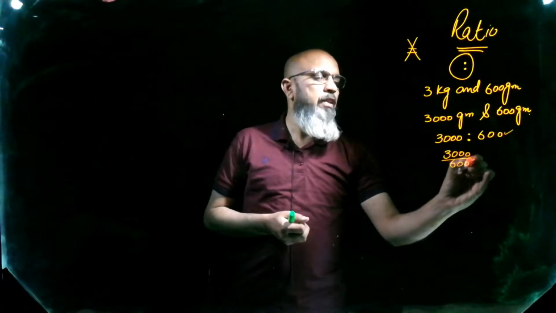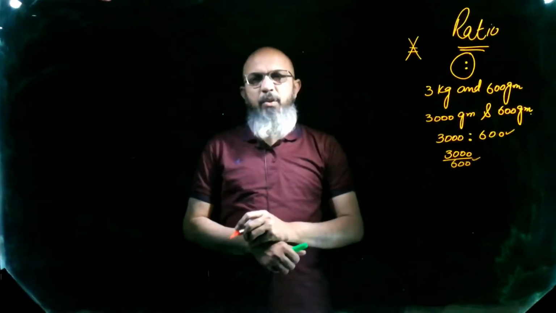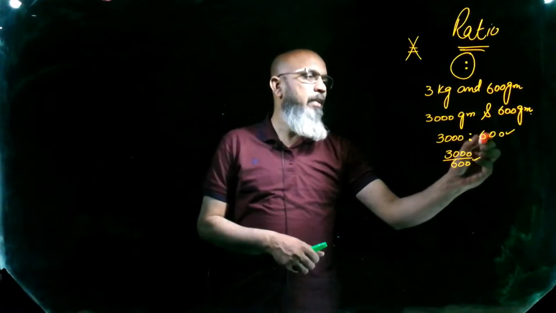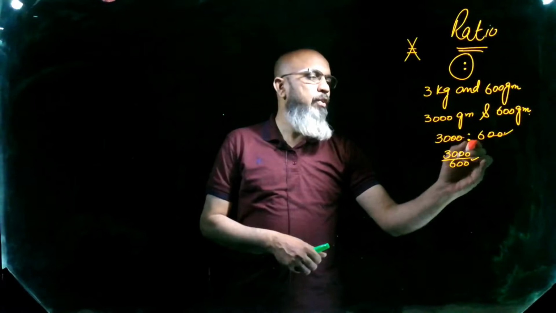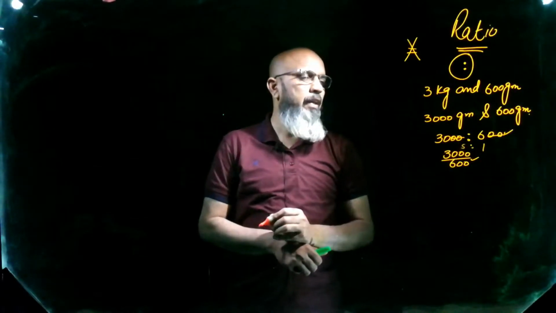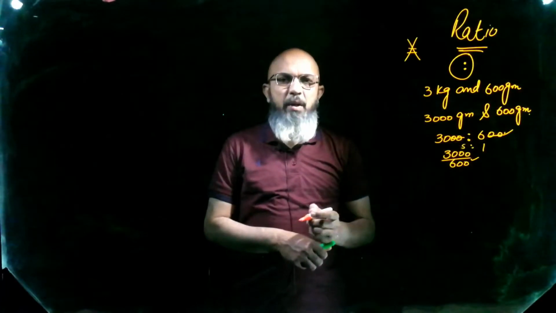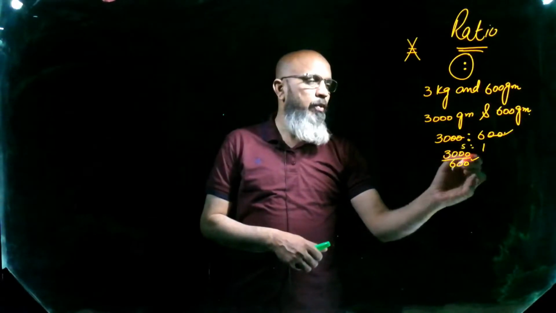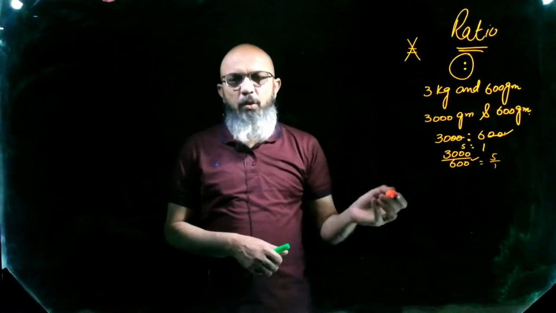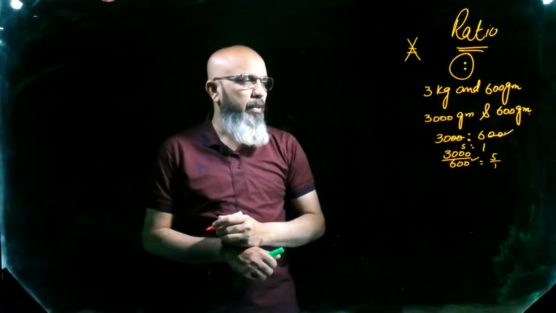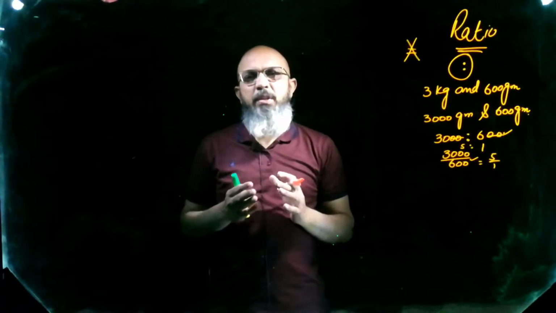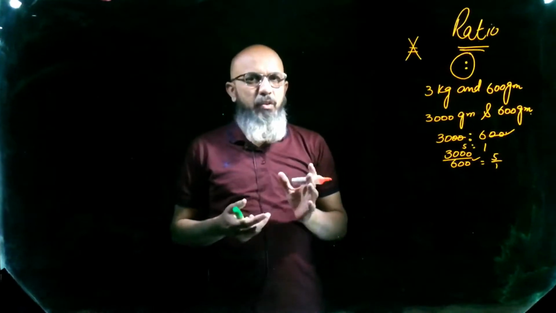Now simplify it: cancel two zeros, 6 fives are 30, so 5 ratio 1. Similarly, if you cancel it, you can also write 5 over 1. Both forms are correct. It's up to the question, what type of answer is asked.